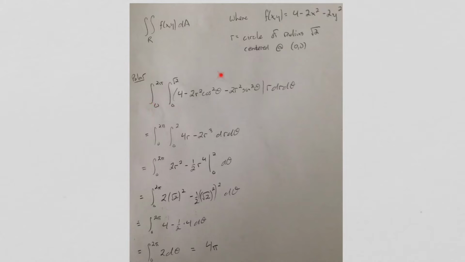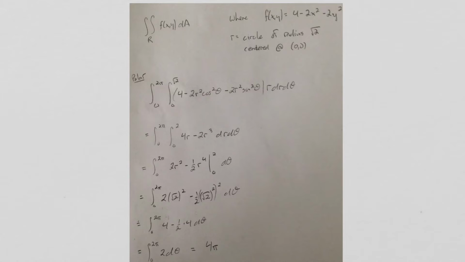In order to get that region, I quickly said, I'm definitely going to do polar. So I went 0 to 2 pi, and then 0 to root 2, because that was the radius, of 4 minus 2x squared was r squared cosine squared, y squared was r squared sine squared.